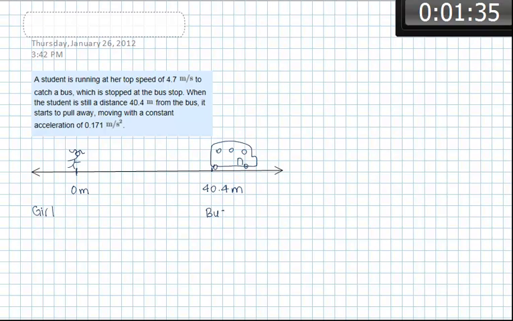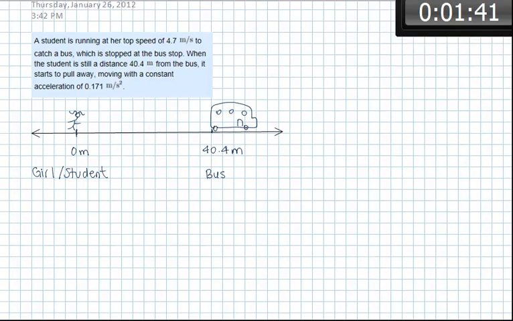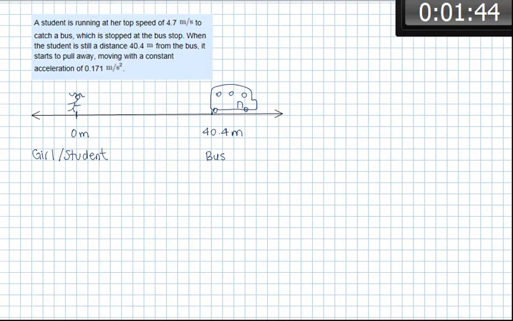Okay, now we are going to start talking about the givens. We have the girl or the student, and we have the bus. The given information is that she's running at her top speed. When they say top speed, they mean she's at the maximum of her velocity.